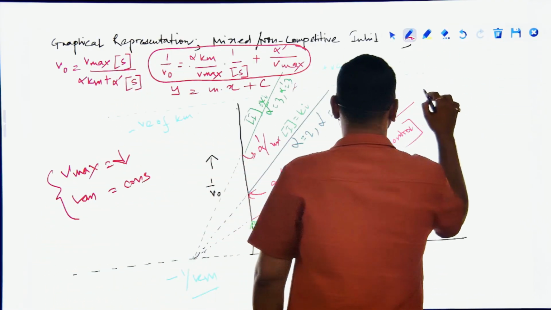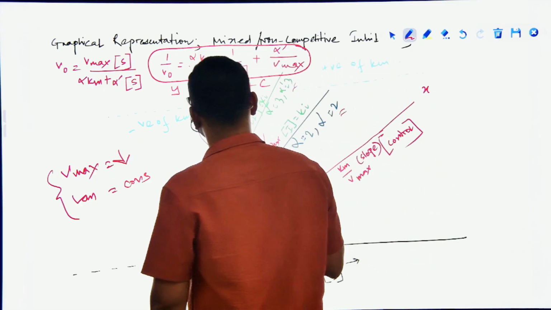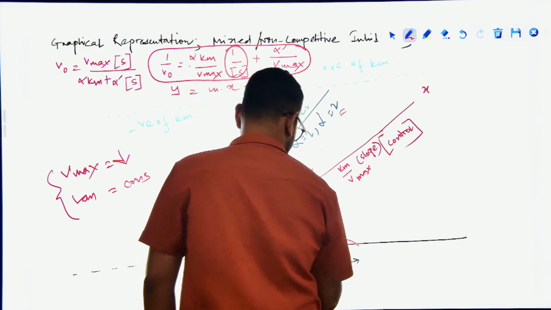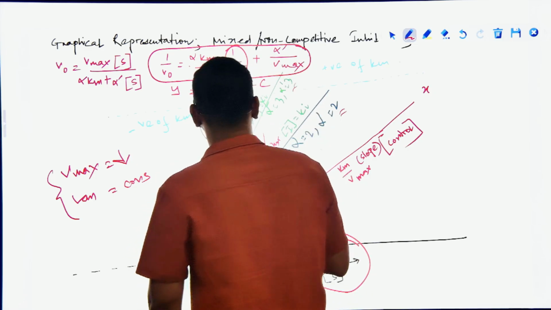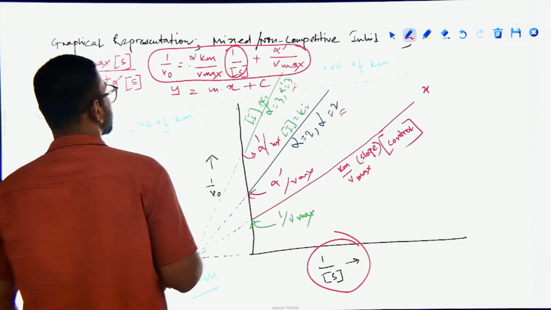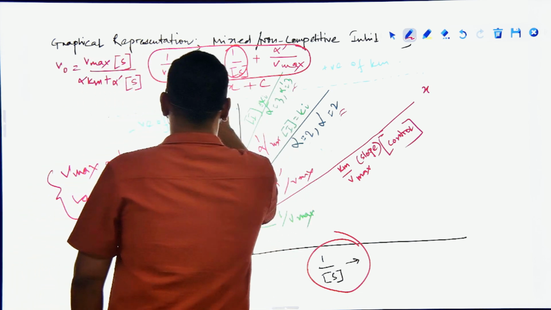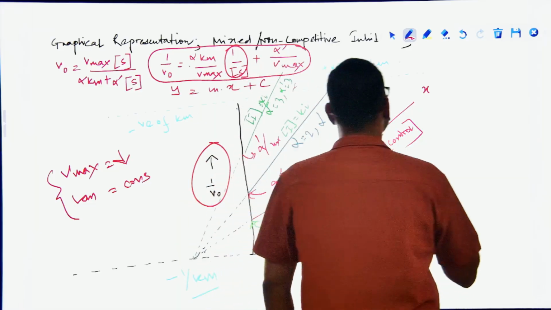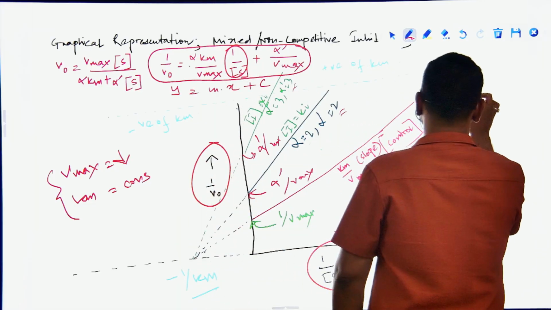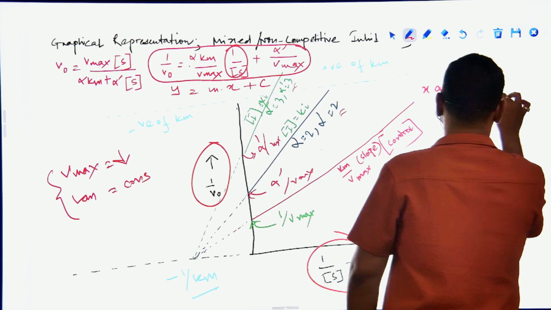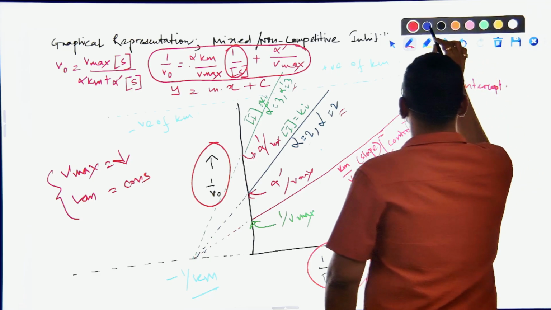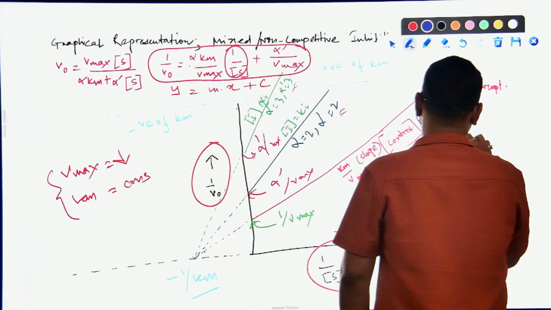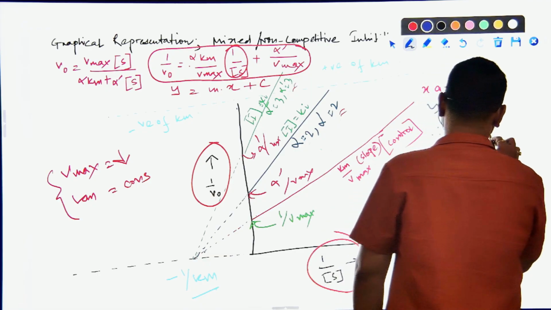So our x-axis should be 1 by substrate concentration, and the y-axis should be 1 by V naught. Our x-axis intercept means y equals 0, that means x equals minus c by m.